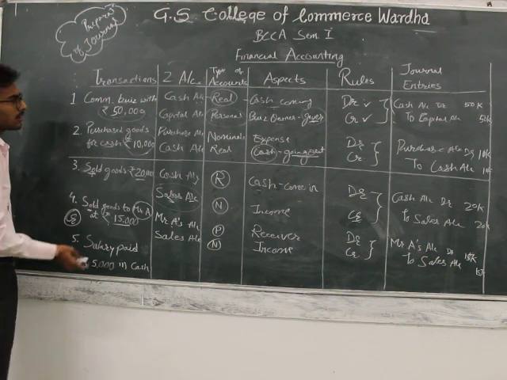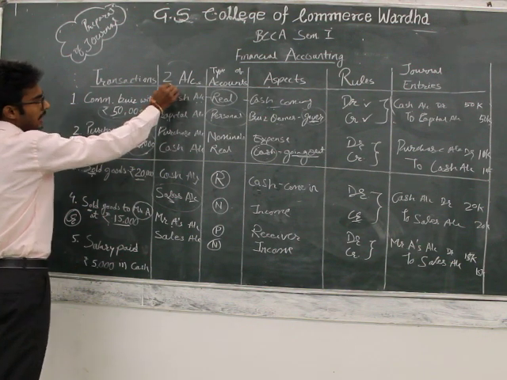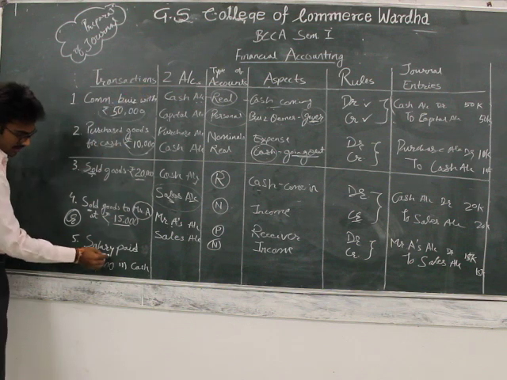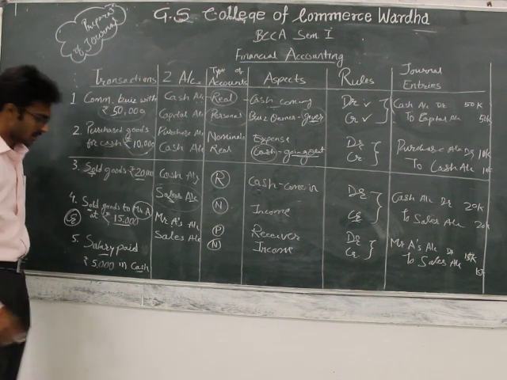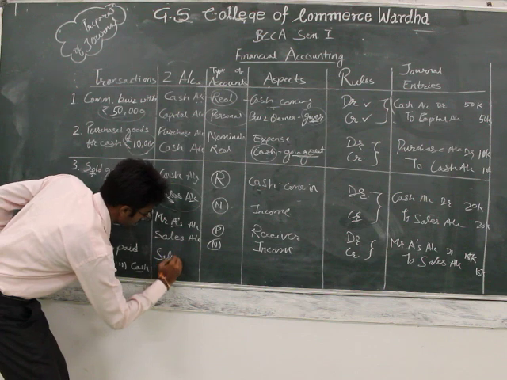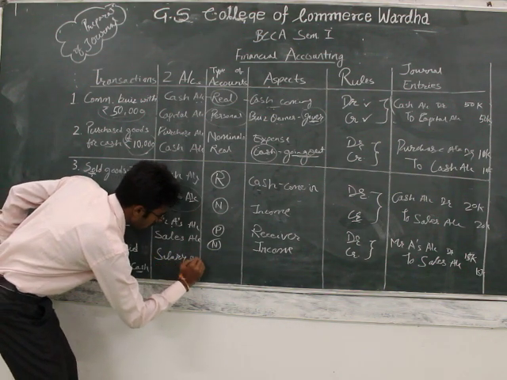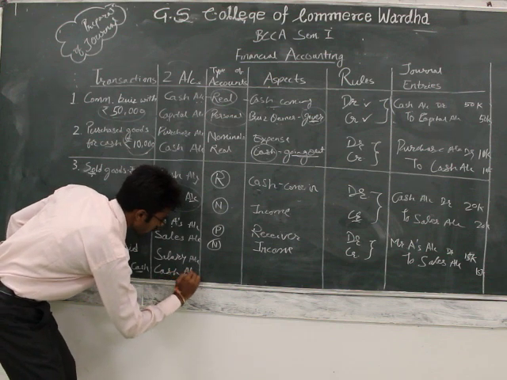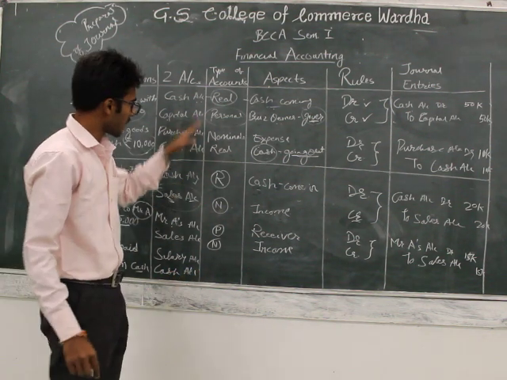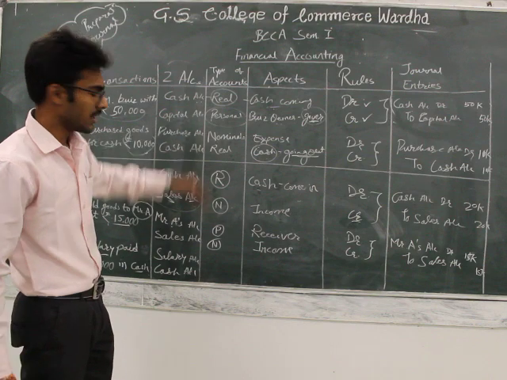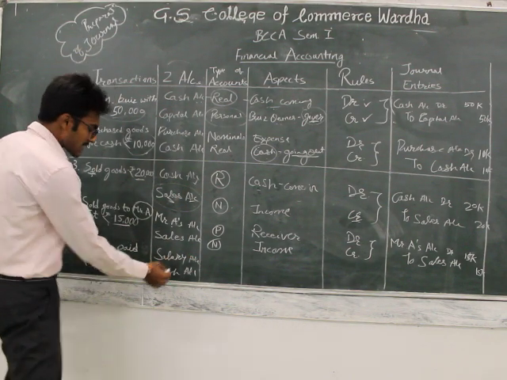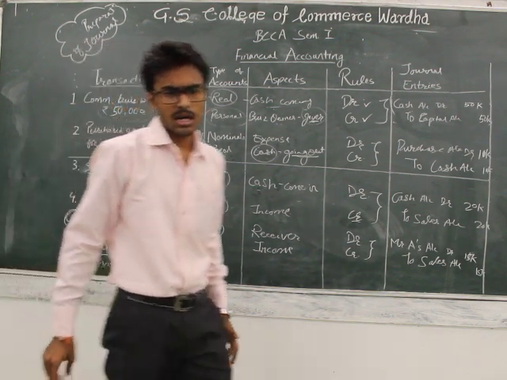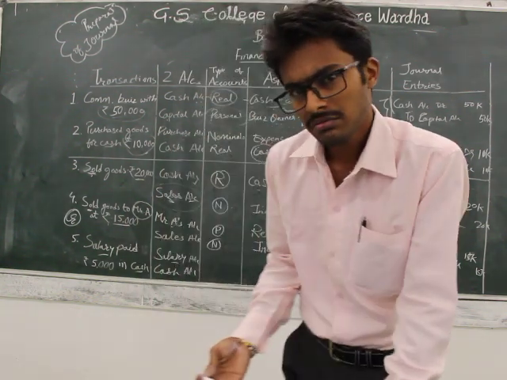Again, what we have to see: the two accounts are salary and cash. First, salary account, and the other one is cash account. Same logic you have to apply as we have applied in previous transactions. Is salary an asset for me, yes or no?